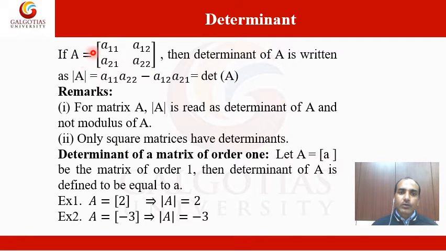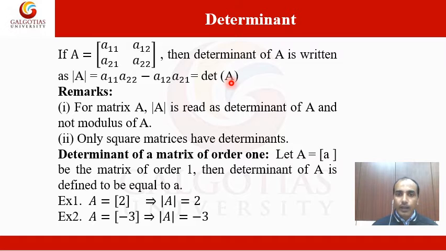If A equals the matrix with entries A11, A12, A21, A22, here A11 indicates the position of this element, and the position of this element is first row and first column, and so on. Then the determinant of A is written as determinant of A equal to A11 multiplied by A22 minus A12 multiplied by A21, and this value is a unique number.